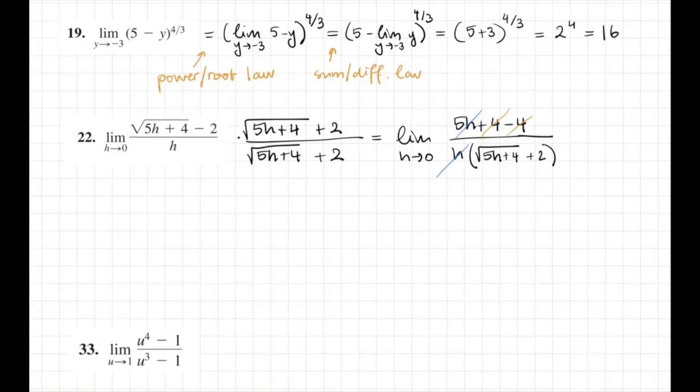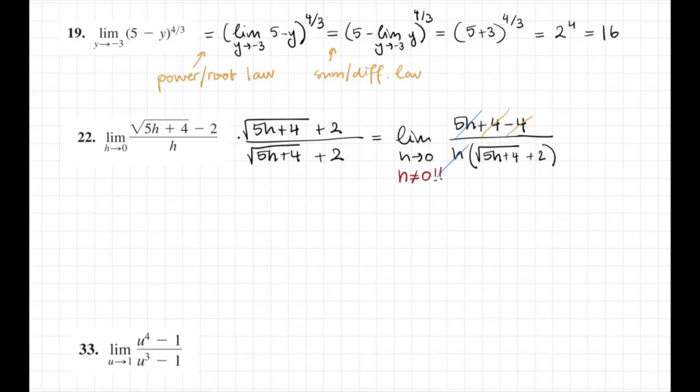Now we can cancel these two h. But why can we cancel that? This is kind of important. We see that h goes to 0, but under a limit, you are assuming that h is going to 0, but h is never 0. It is just approaching 0. So as long as h is not 0, we can cancel them. So this cancellation is allowed only under the limit as h goes to 0, because this means that h is going to 0, and the important part is h is not 0.